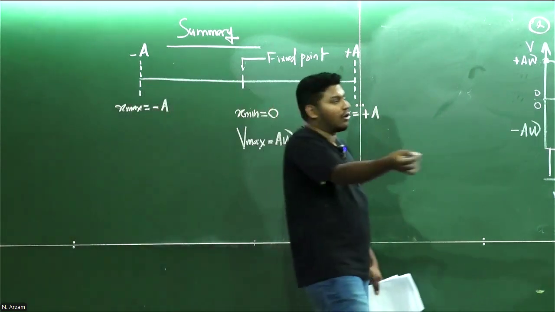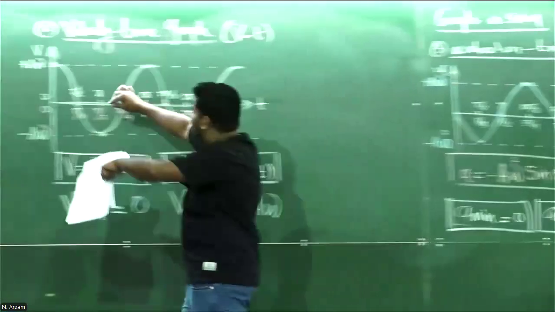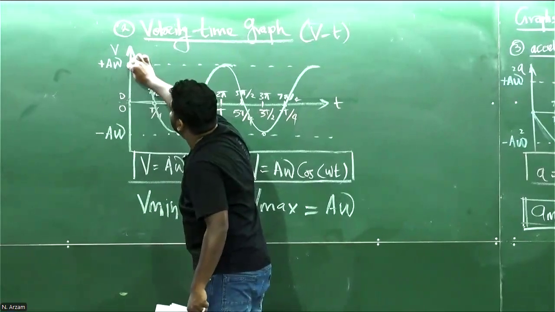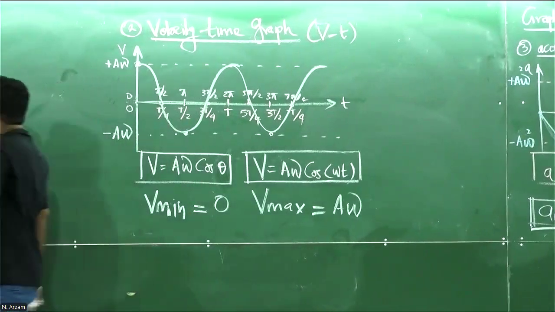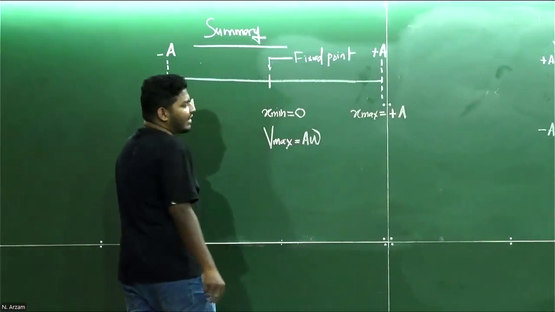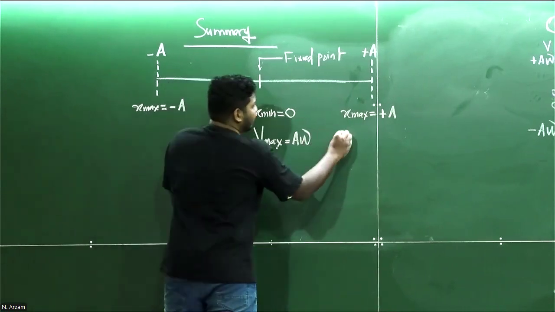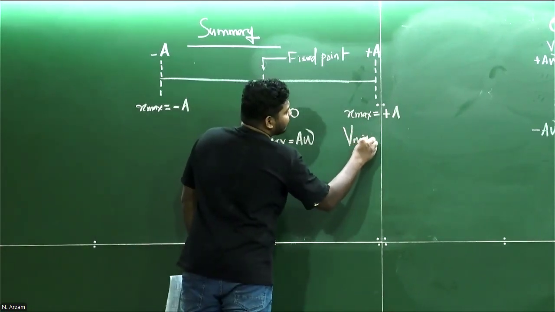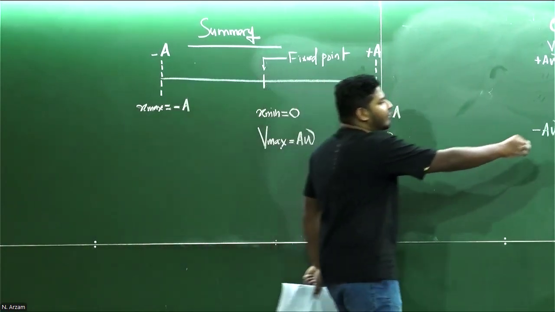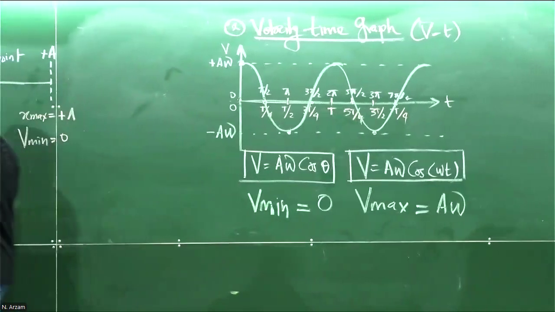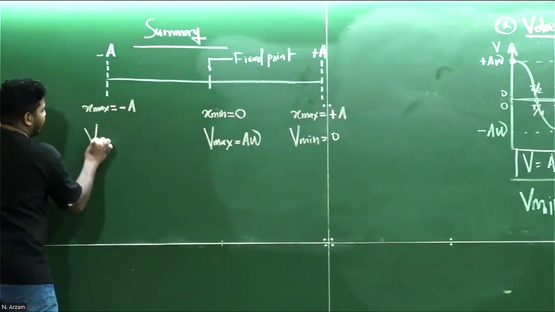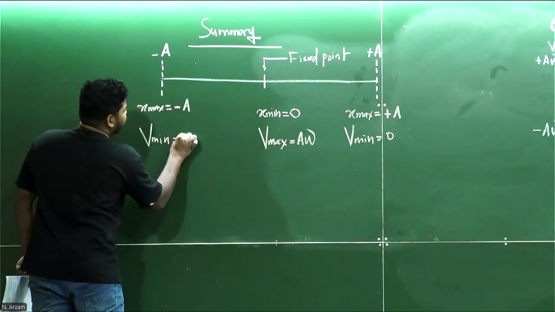Look at the graph. Theta is equal to 0. If theta is equal to 0, V is equal to A omega. What about at the amplitude? The velocity is minimum. What's the value? Velocity is 0. Look at this one. So V minimum is 0.